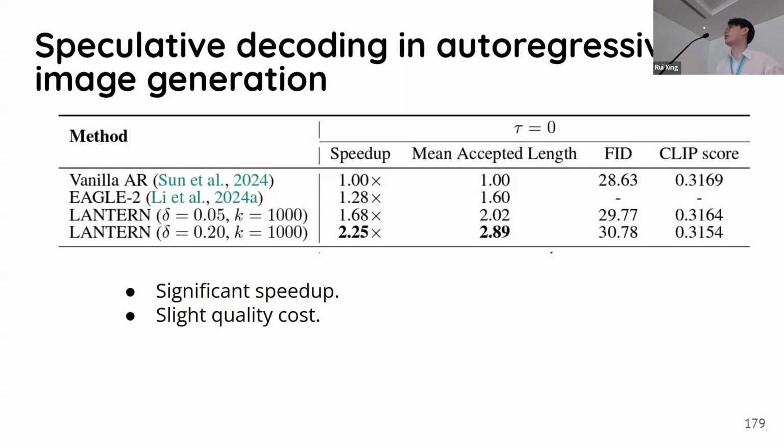A smaller FID represents a better result, and a larger CLIP score represents a better generation result. From the table, we can see that the speedup is significant compared with speculative decoding in text generation. And we can also find that the quality cost is slight. In terms of FID, there is only a slight increase.